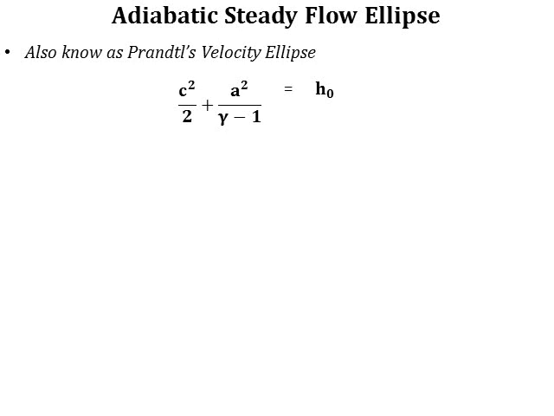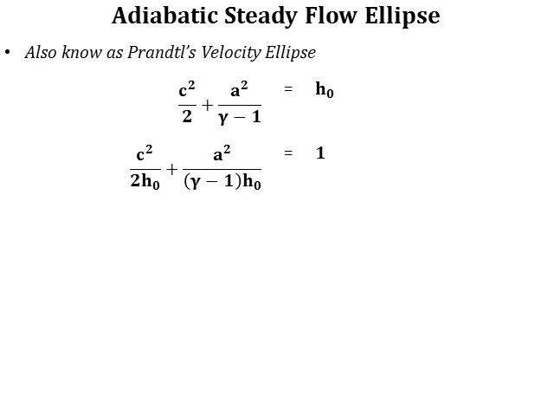Now let us see what the adiabatic steady flow ellipse is. It is also known as Prandtl's velocity ellipse. Consider the following equation that we obtain from adiabatic energy equation. It can be modified and written in the following form shown by the second equation.